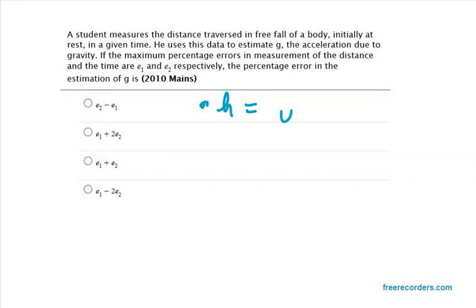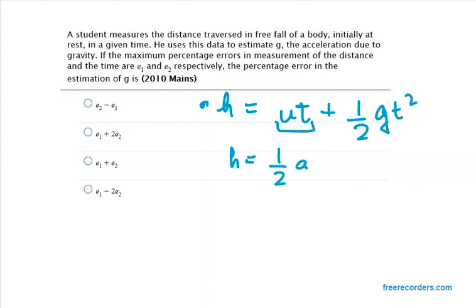h equal to ut plus half at square, or you can write gt square, as we need to find the percentage error in the estimation of g. So I will replace a with g here. So let us assume that the body is at rest, so the first term here will be 0. So h equal to half gt square. Now our work is to define this equation in terms of g.